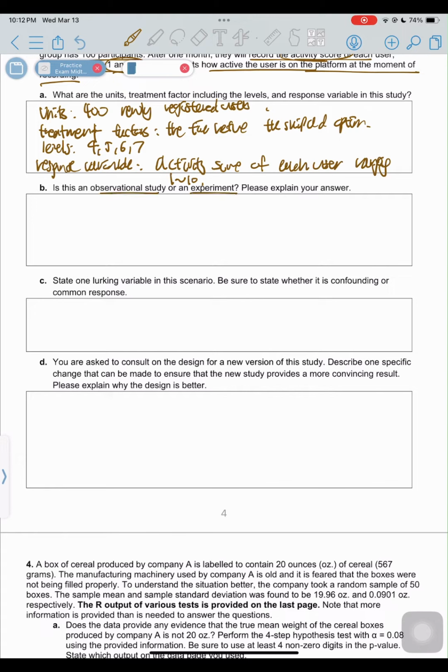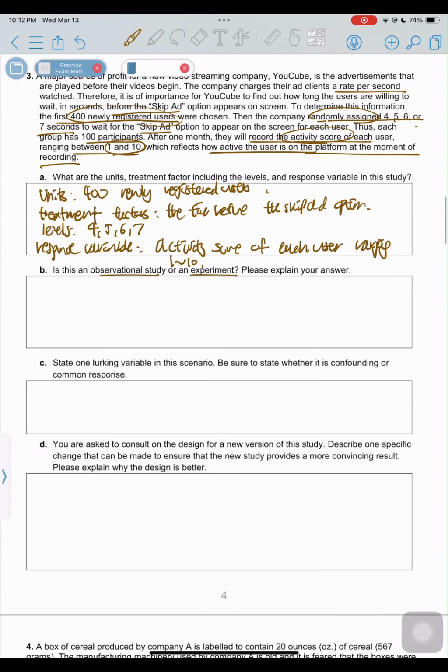So if it's observational study, then it's been like just observing without controlling anything. But then this question is actually experiment because we're having a specific requirement. The company is assigning the number of seconds. So company is actually being involved in this, like, I guess, study or experiment.